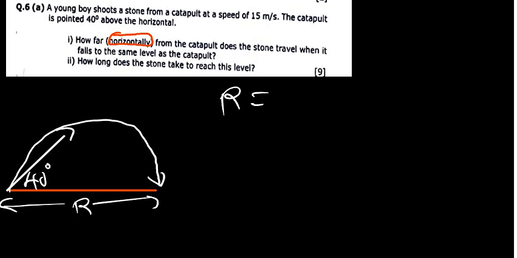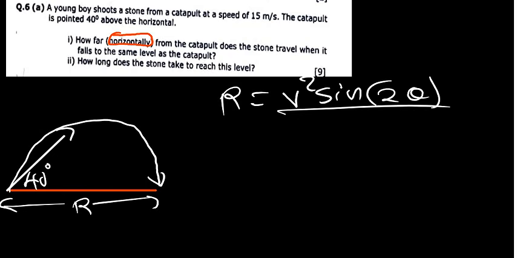The formula for range, tell me. I think it is v squared sine squared theta over 2... No. This is where we talked about this: v squared sine 2 theta over g. So the range is going to be, our v is 15, we square it.